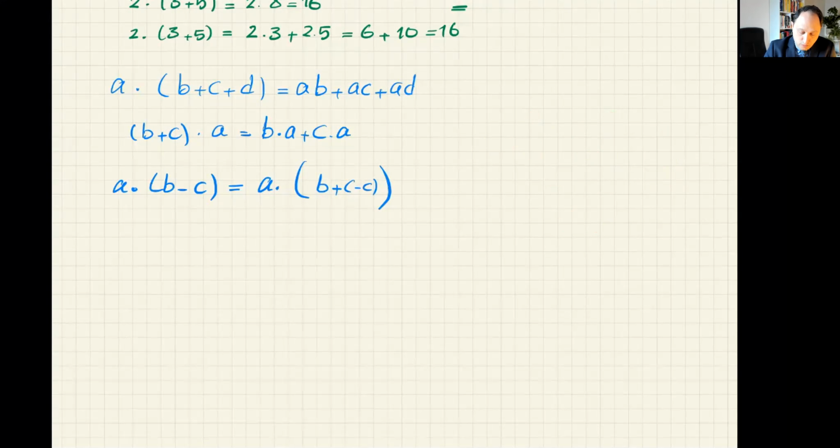So if I want to write something in front of it, it becomes a dot b plus a times minus c, but then this becomes ab minus ac. I never want you to do this, but I want you to understand that if you have a multiplication of an expression multiplied in the subtraction of two elements, you can do the same thing.